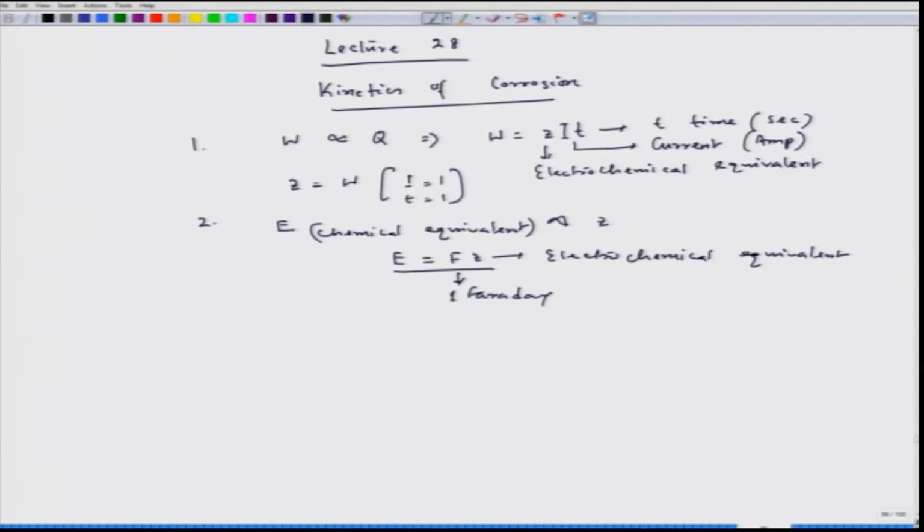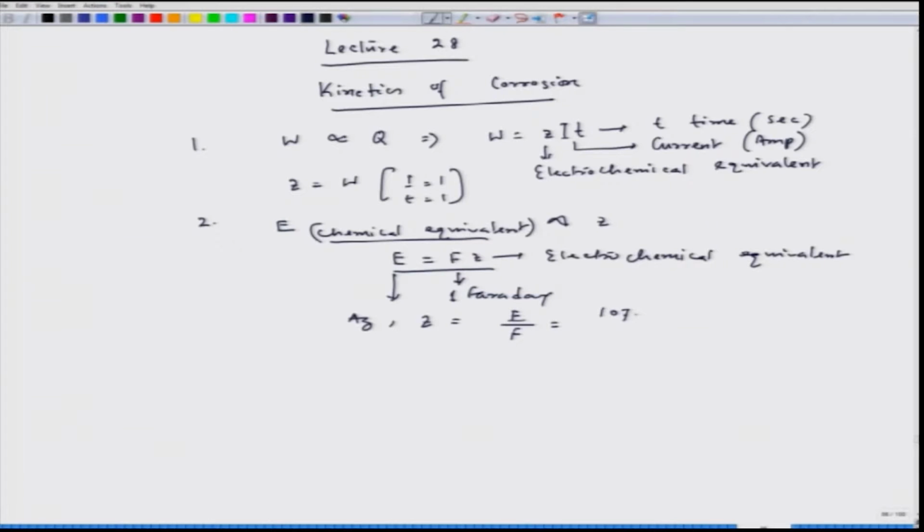Now, this equation can enable us, and E is nothing but the chemical equivalent as we have said. This equation will enable us to find out the Z value. So, in case of silver, we can find out Z is equal to E divided by F, where E is nothing but the 1 gram equivalent, which is same as the molar atomic weight of that particular silver, because it has got the oxidation number to be 1.